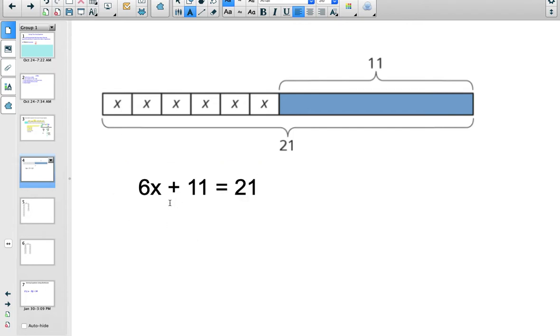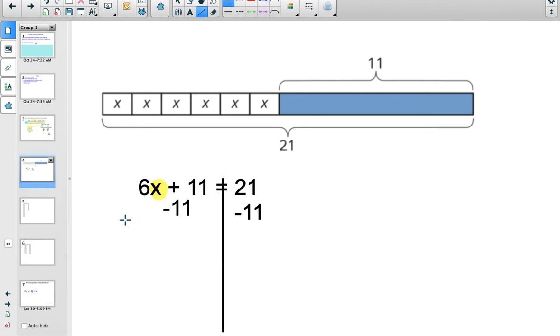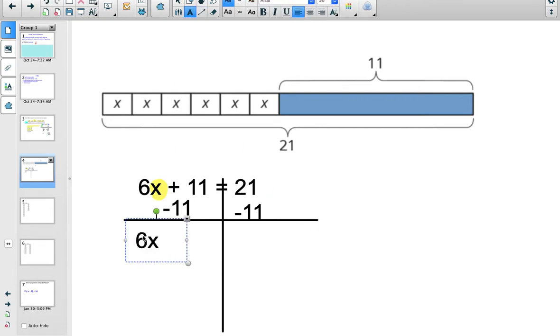All right, so if I was to subtract 11 on both sides, I'm going too fast. Let me slow down. My variable is x. I got to get x by itself. And then I want to draw a divider on the equal sign. All right, so let's clean this up and see what we're left with. So we're left with 6x equals 10.